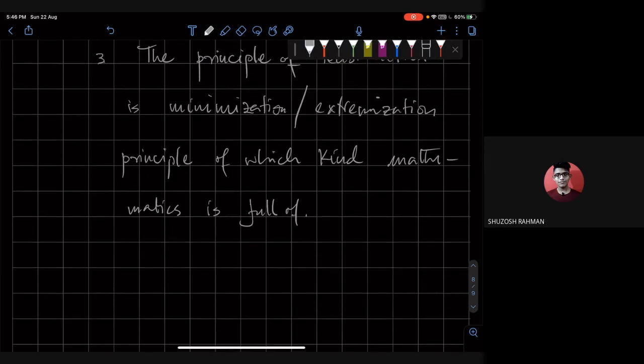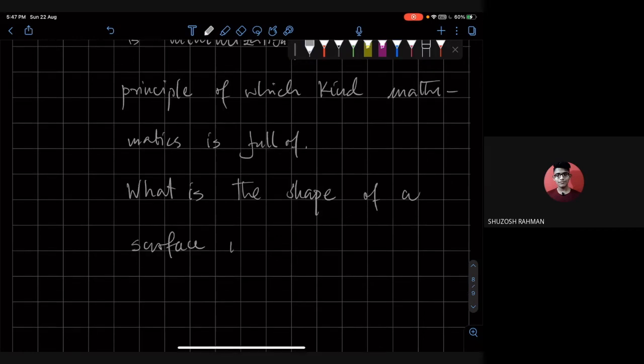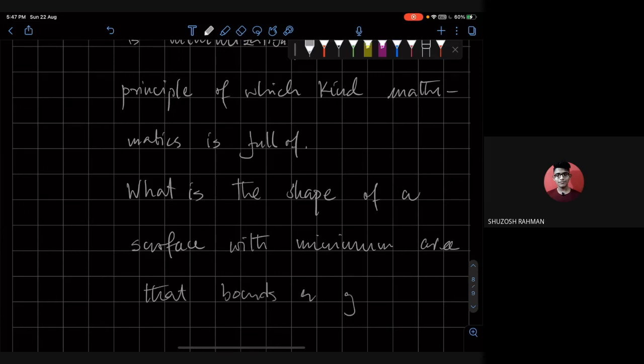So for example, if I ask you, what is the shape of a surface with minimum area that bounds a given volume?